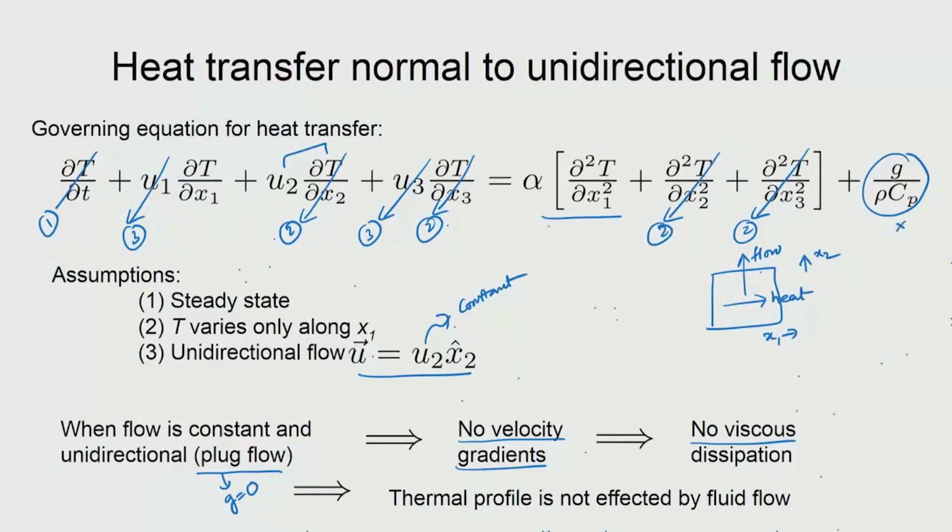Then in the case of steady state heat transfer in one direction and flow in the normal direction, the thermal profile is not affected by the fluid flow. These are situations where apparently the flow is there, but actually it does not affect.